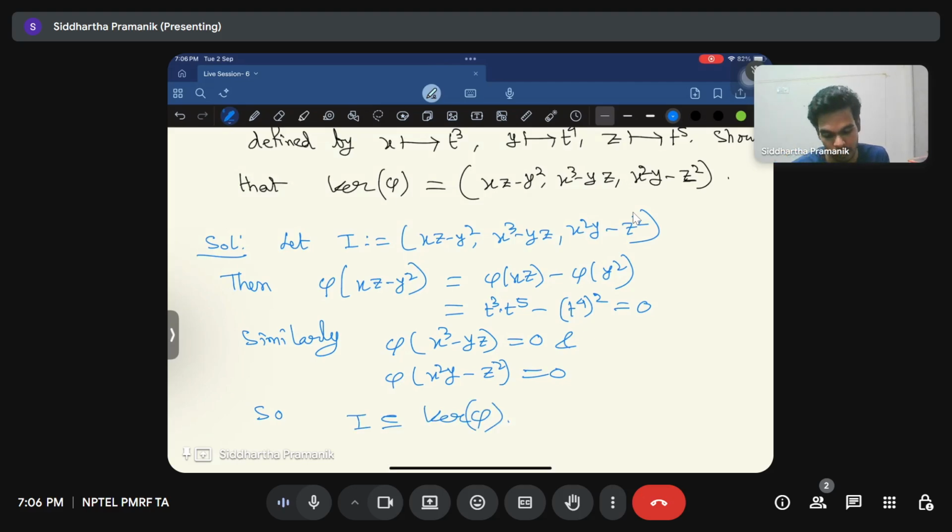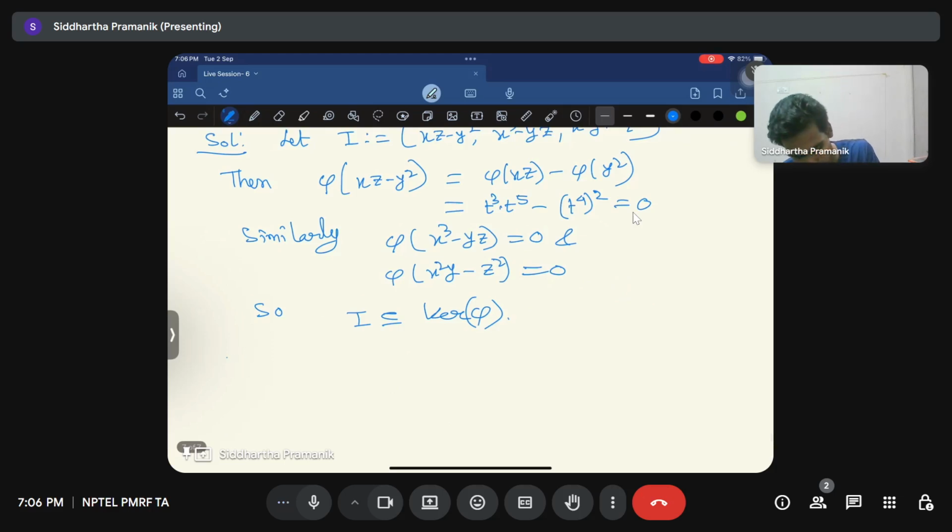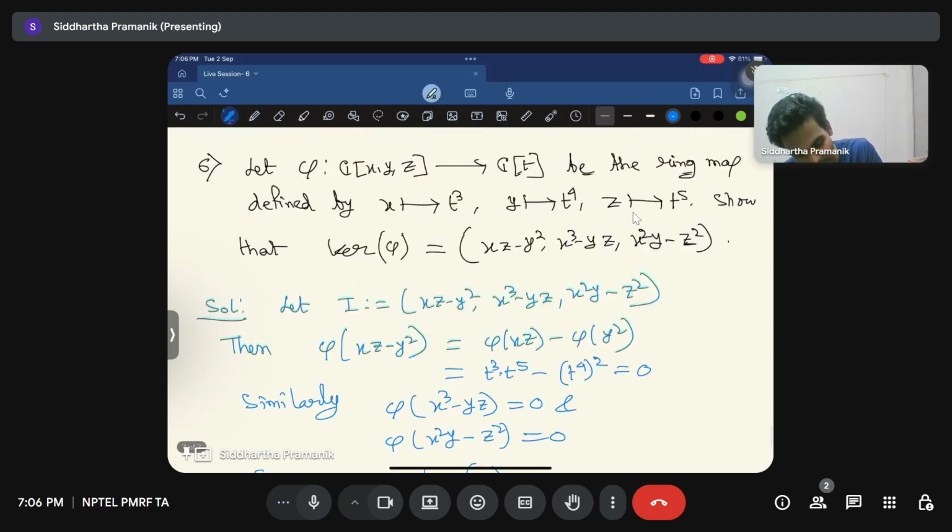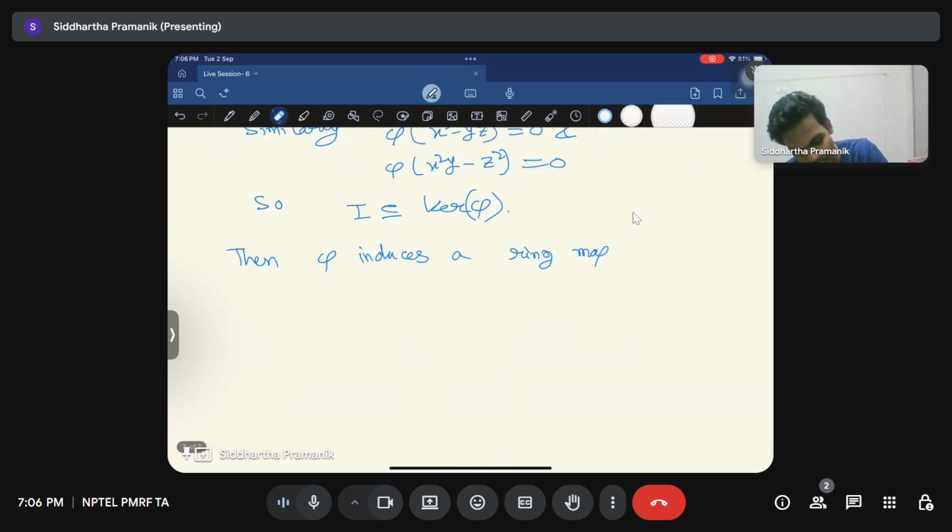So if you use the universal property, then phi induces a ring map, or basically it's a K algebra homomorphism. So let's write: phi induces a K algebra homomorphism.